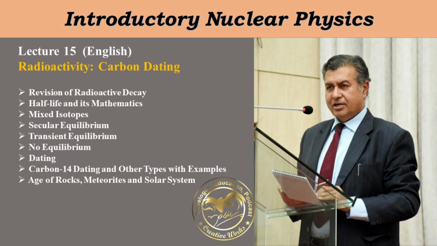We will first review the radioactivity and the decay, the half-life, and the mathematics of half-life, then mixed isotopes half-life calculations, and then partly we will talk about the parent and daughter decays and secular and transient equilibrium cases.